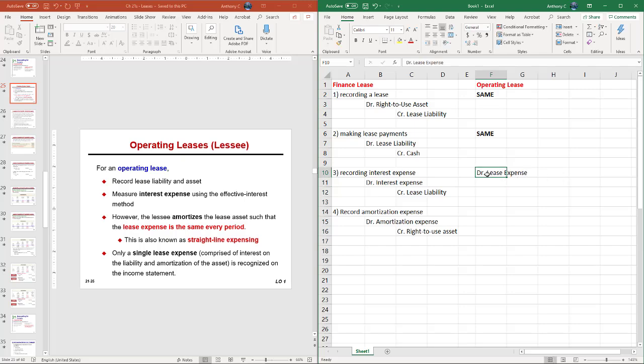This lease expense captures both the interest expense and the amortization expense. And for operating leases, the lease expense will be equal to the annual rental payments, or annual lease payments. Our credits here are going to reflect the credits that we used for the finance lease. So we'll credit both the lease liability and the right to use asset.